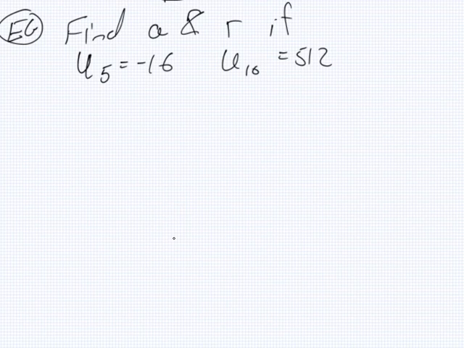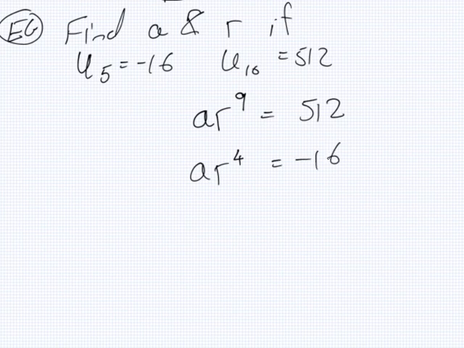So in this case, I told you the 5th term and I told you the 10th term. So if we look at the 10th term first, we can say a r to the power, what power for the 10th term? 9 equals 512, and then a r to the power 4 must equal minus 16.